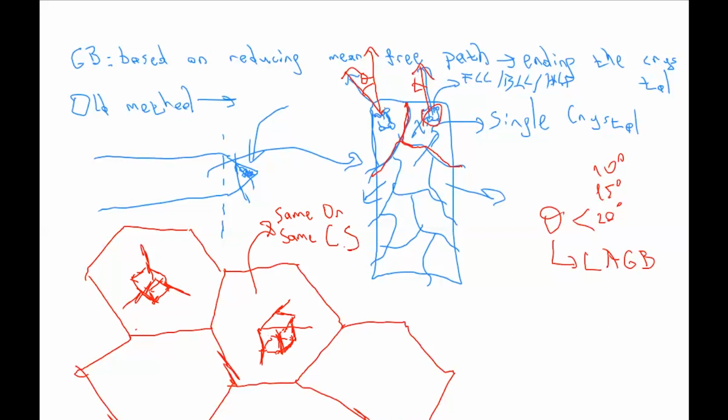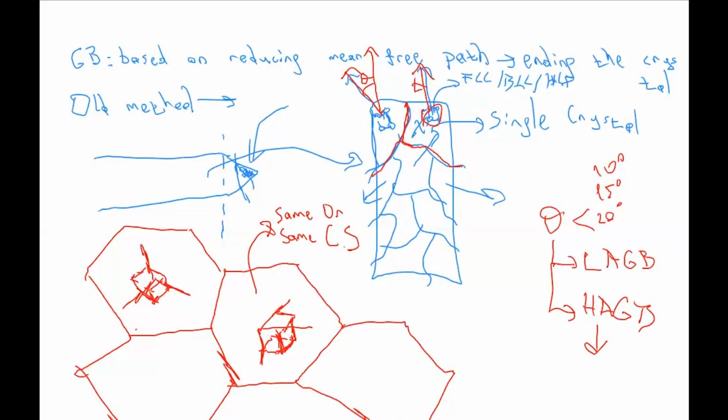Perfect. So we said we have low angle grain boundaries and high angle grain boundaries. When the misorientation is large, like the high angle grain boundaries, more complicated structures are involved, like a soap bubble simulating the atomic planes in the crystal lattice.